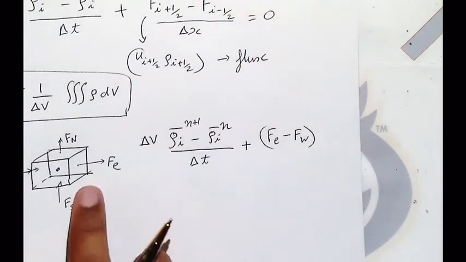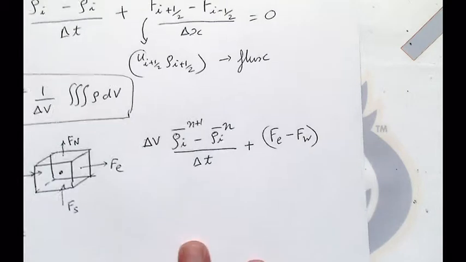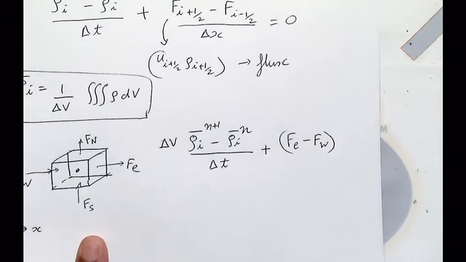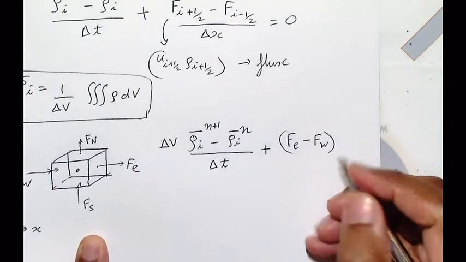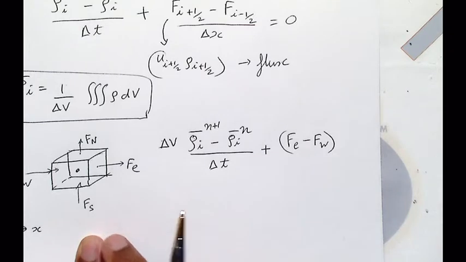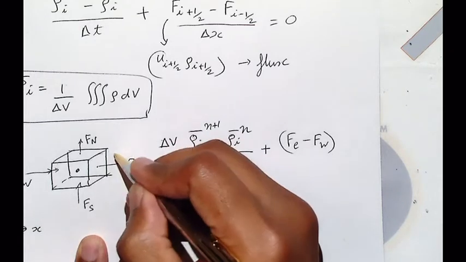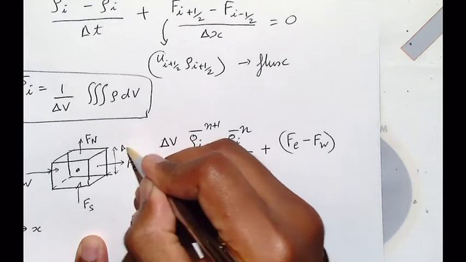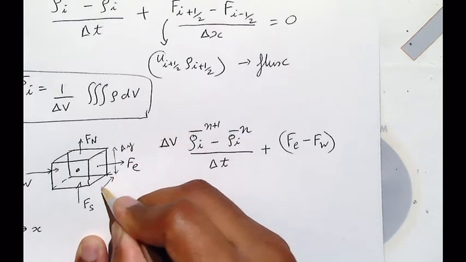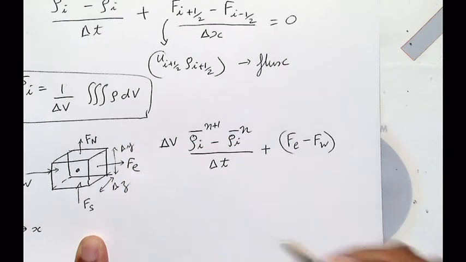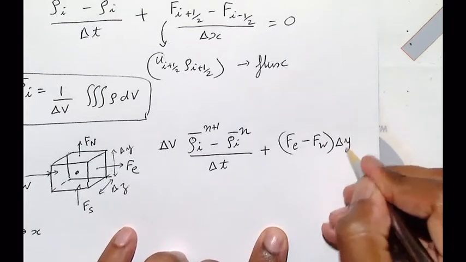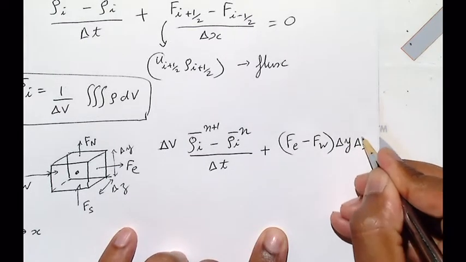What is the surface area? Delta y, delta z. Let's see, so you're saying it's a delta y and a delta z. Alright, so there's a delta y and delta z.